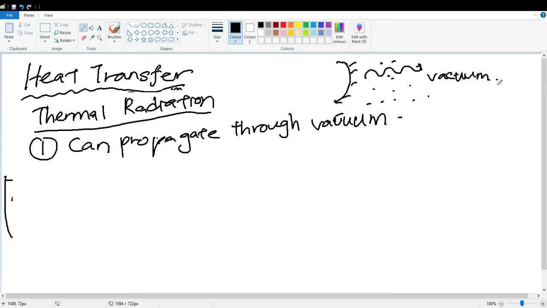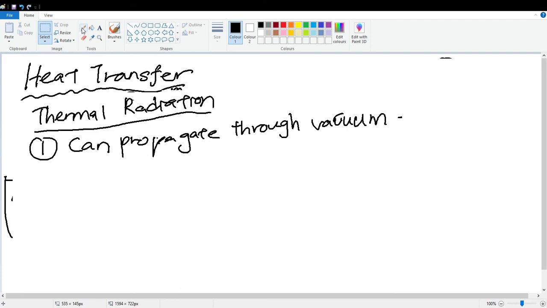So this is the reason why the heat energy of the sun can travel through the outer space and approach our Earth. Alright, so this is the first property.